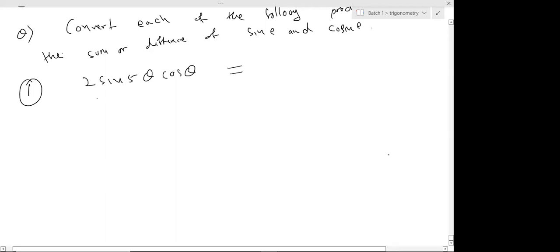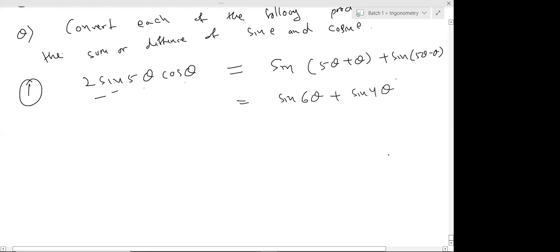The formula here is 2 sine A cos B. The formula is sine A plus B, so 5 theta plus theta, plus sine A minus B, so 5 theta minus theta. So the answer will be sine 6 theta plus sine 4 theta. All right, this is the answer. Okay.